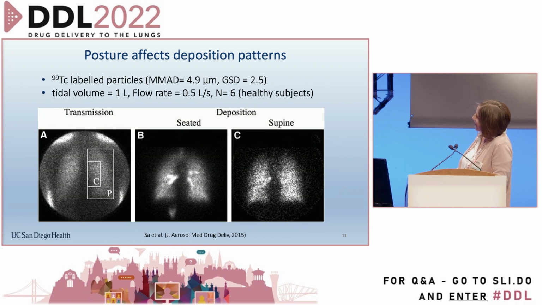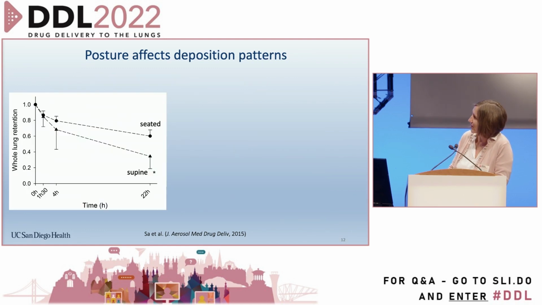And you can see different patterns when you make these measurements at different times, which we did here, where we normalize deposition at the end of aerosol exposure to 1, and we measured over these 6 subjects the retention of how much is retained in the lung as time progressed. You can kind of arbitrarily distinguish between large, intermediate airways, small airways, and the lung periphery by doing your measurements the next day.